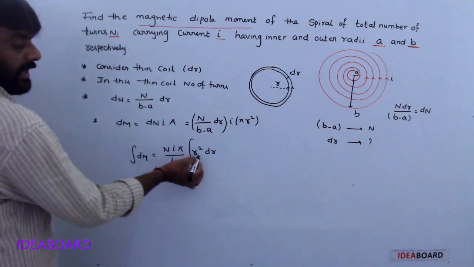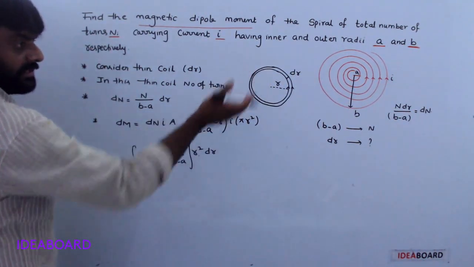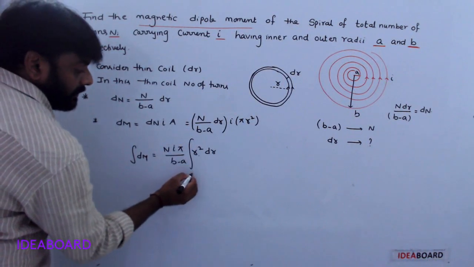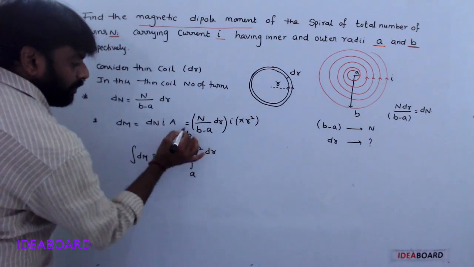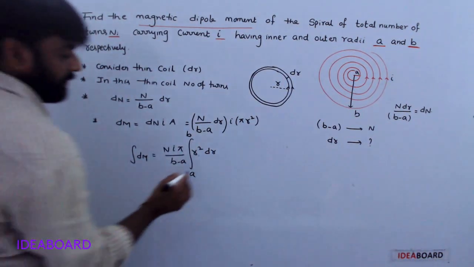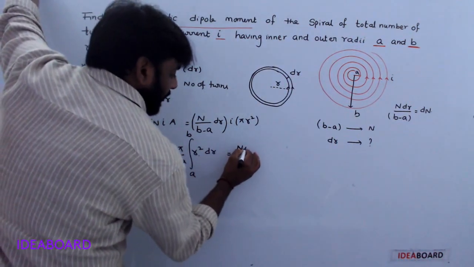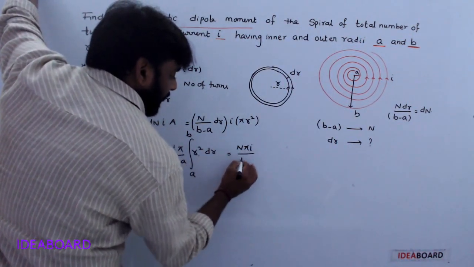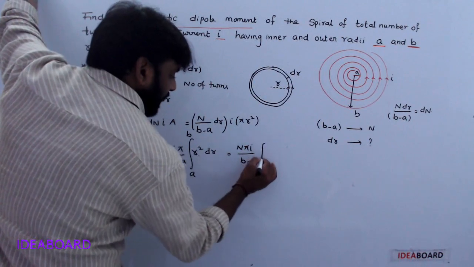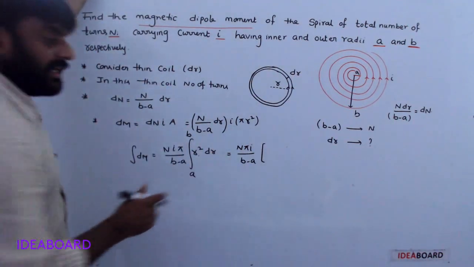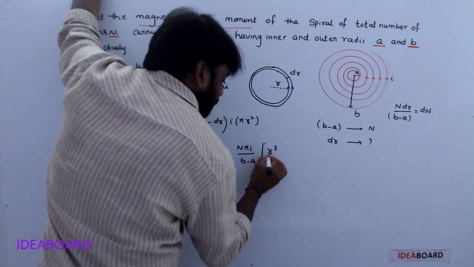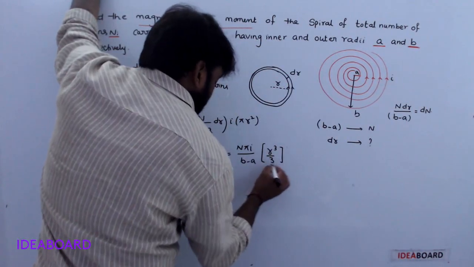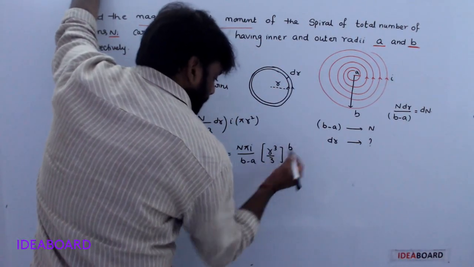Here the only variable quantity is r, because the radius changes. So the limits are inner to outer. N pi I by B minus A, integrating r square dr gives r cube by 3, from A to B.